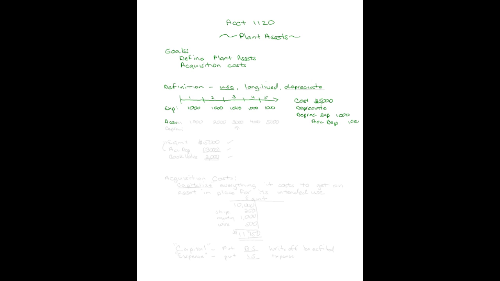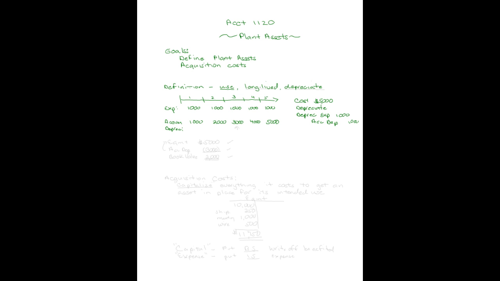Accumulated depreciation, the contra account where we record the depreciation expense into, would be $1,000 the first year, $2,000 the second year, $3,000 the third year, $4,000 the fourth year, and finally it would hold the entire amount of the asset. As you'll recall from previous accounting classes, accumulated depreciation is a contra account.